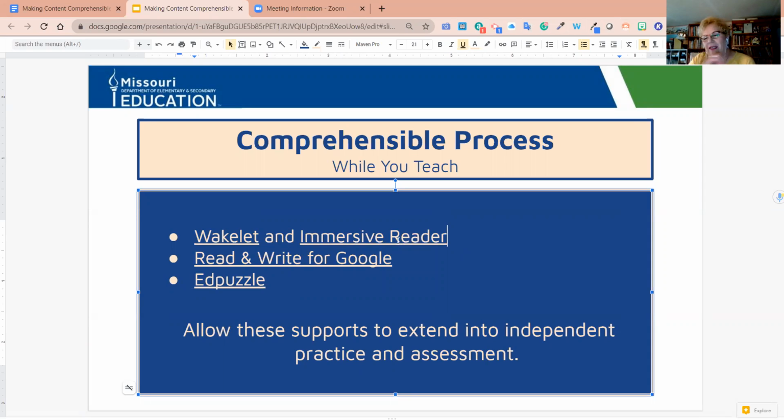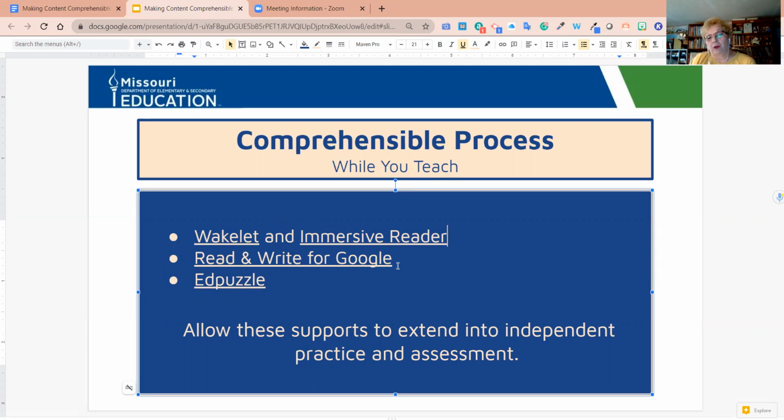But Immersive Reader, what it does, anything you type in, Immersive Reader will read it back to the students, and it can be translated to, I don't remember how many languages they have now, it's like 30, somewhere in that area. But you just teach the students how to pick the language they need, and it reads it word by word. You can even have it color code the nouns, verbs, and adjectives, different parts of speech. I believe it will also create a word list for you.